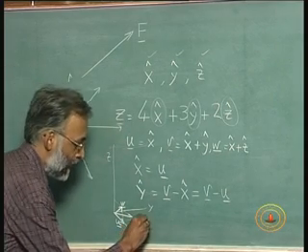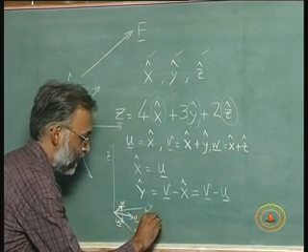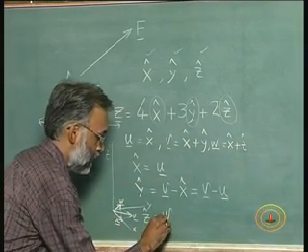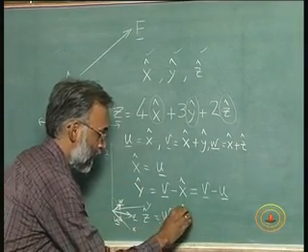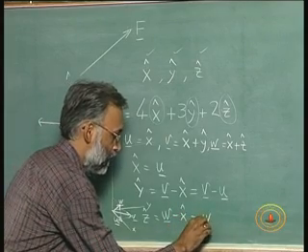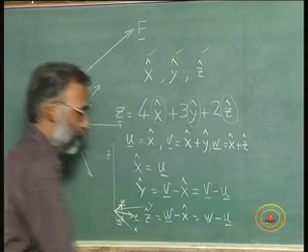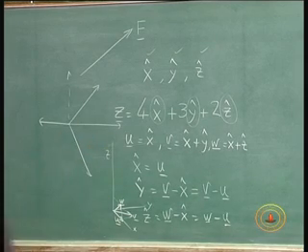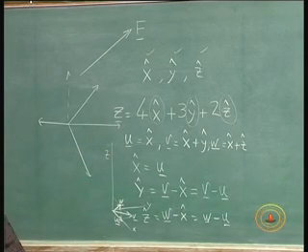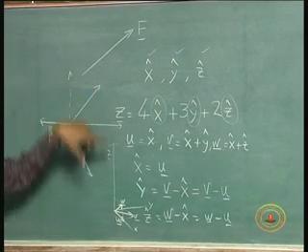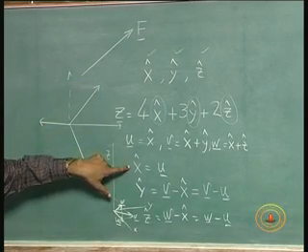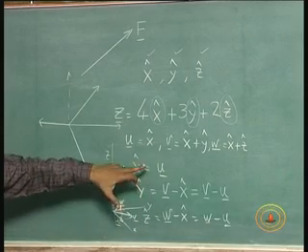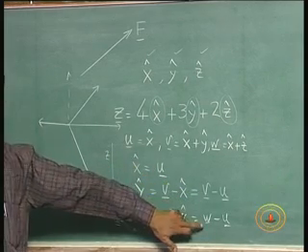Similarly, z hat is equal to w minus x hat, which is equal to w minus u. It is a particularly simple example because I chose it that way. So, I can write down what the unit vector along x, unit vector along y and unit vector along z are in terms of u, v and w.